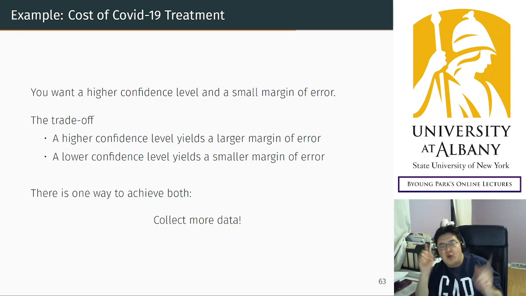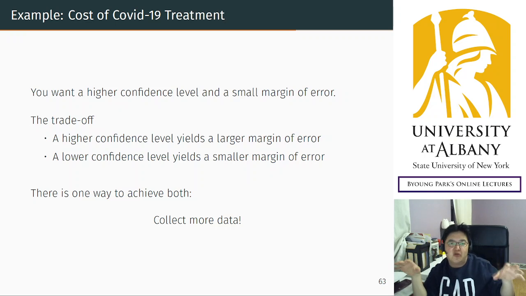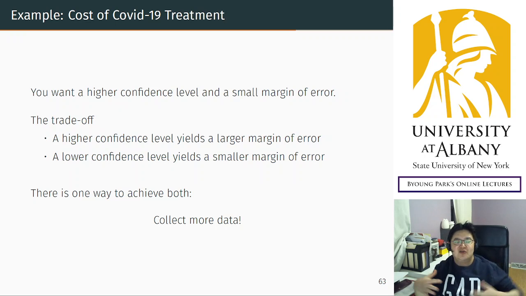However, there is one way. There is a way to achieve both of them. That is to collect more data. If you have more information, you can do better in every dimension, right? So collecting more data is a possible way to improve on both dimensions. We are going to study that.